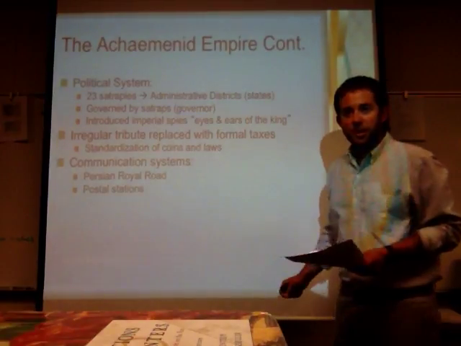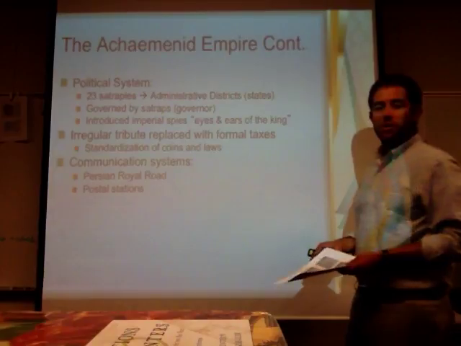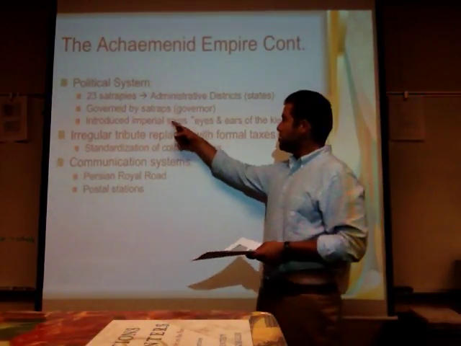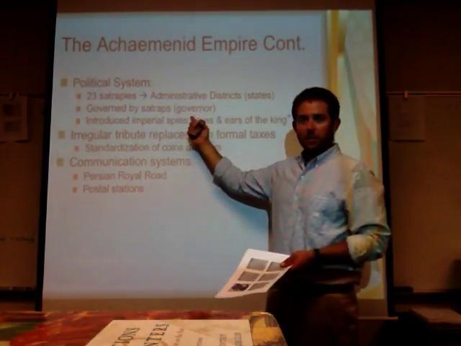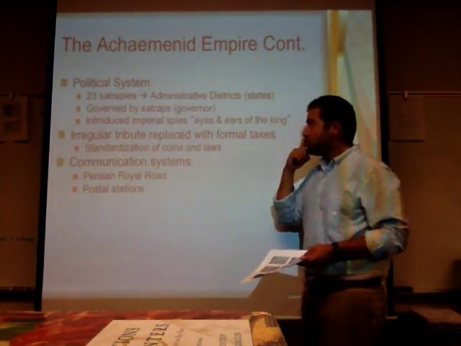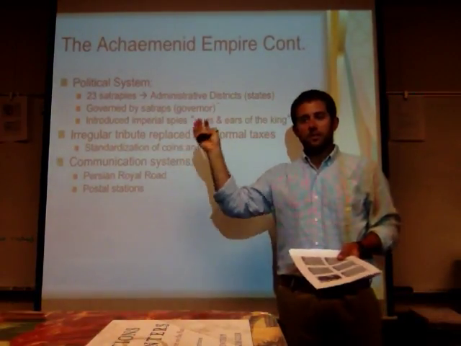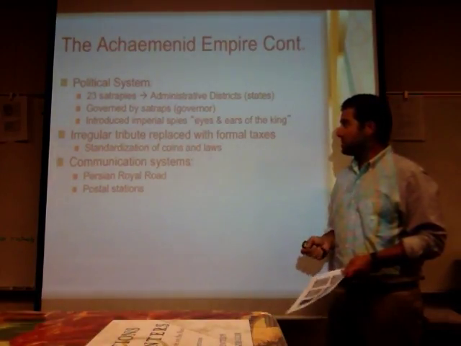An administrative district, call it. So within the Achaemenid Empire, he created 23 different satrapies that were each governed or controlled by an individual satrap. And a satrap is just a name for a leader or a governor. So safe to say you have Darius at the top, and then you have 23 different individuals that are reporting to Darius that are kind of maintaining order in each of the individual satrapies.